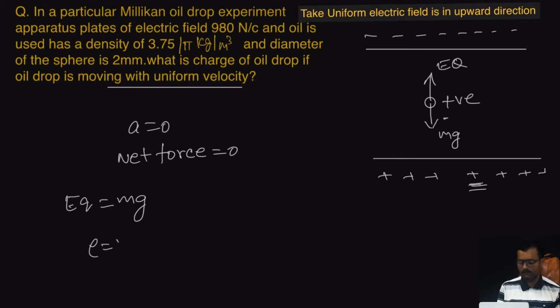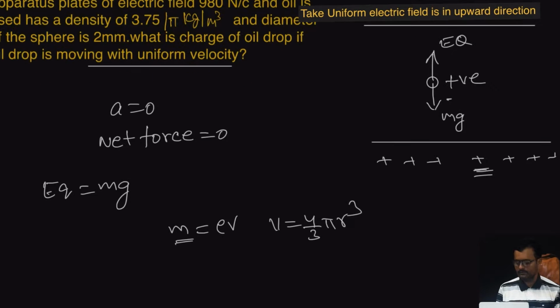Density is equal to mass by volume, which implies mass is equal to density into volume. Density is given. The drop is spherical, so the volume of the sphere is V equal to 4 by 3 pi r cube. The diameter is given as 2 mm, so the radius is diameter by 2, that is 1 mm.